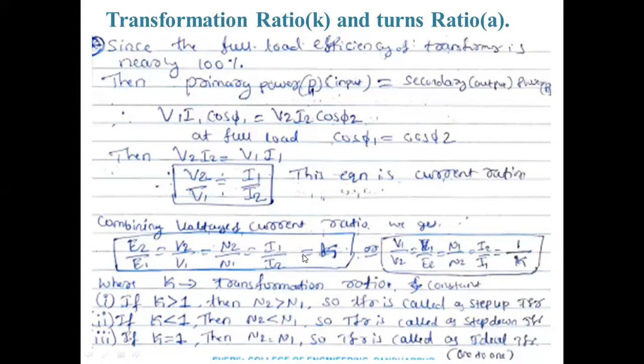So the input power is V1 I1. Similarly, if the EMF is induced in the secondary, the output voltage V2 is coming, then I2 is also there. So V2 I2 we can write for the secondary.